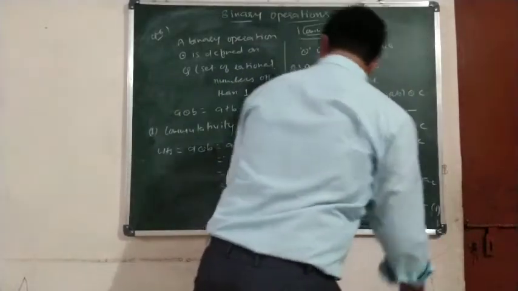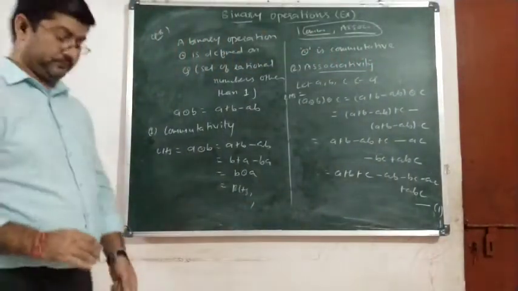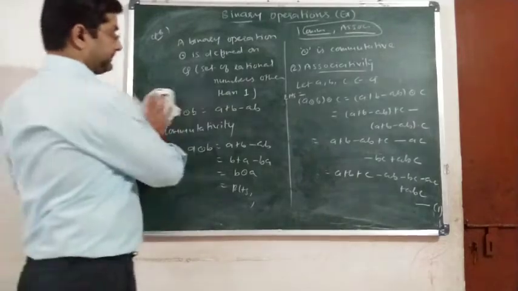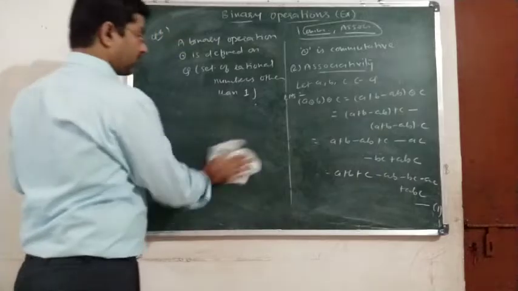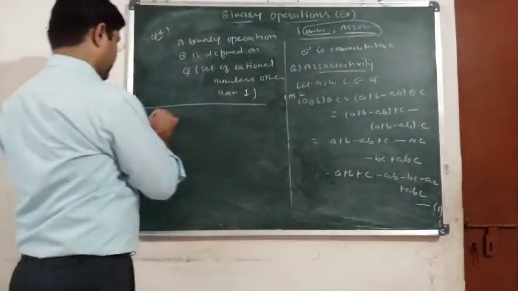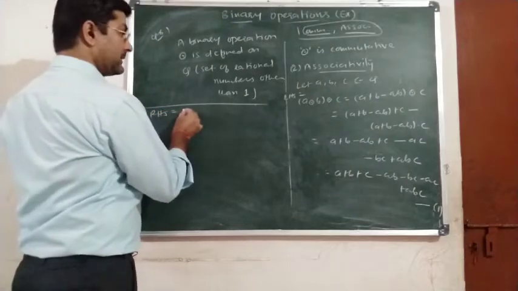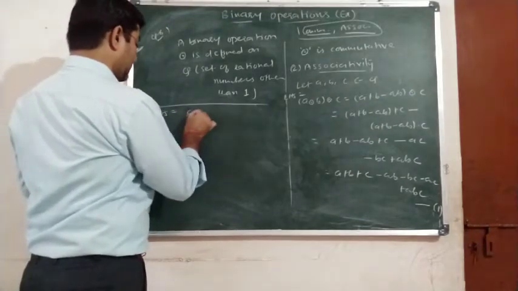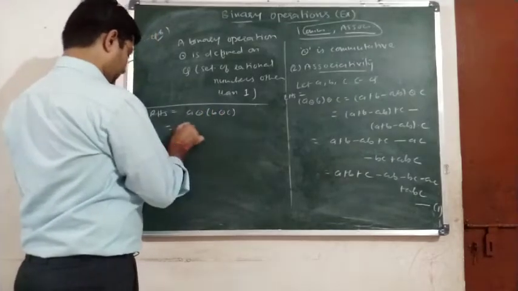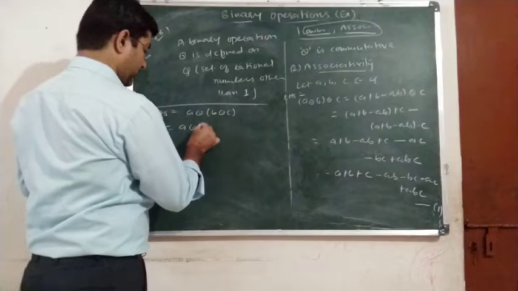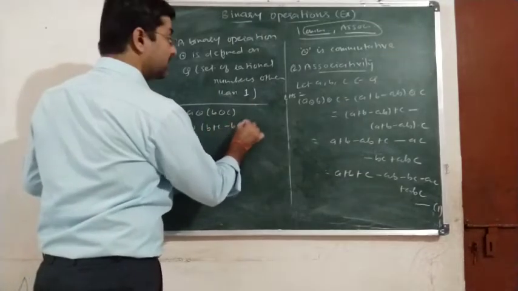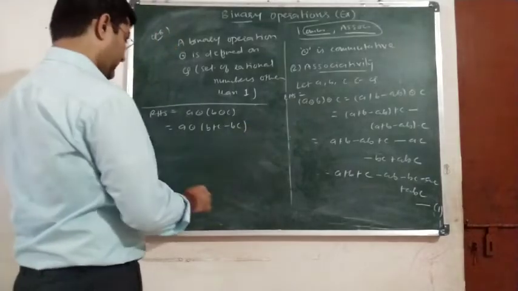Okay. So now RHS we will do on this side. In RHS we have to prove that A o dot (B o dot C) is equal to A o dot, and B o dot C will be given by B plus C minus BC, using the formula.